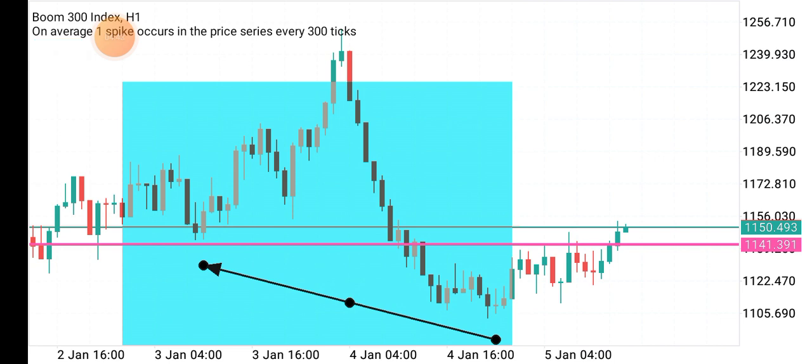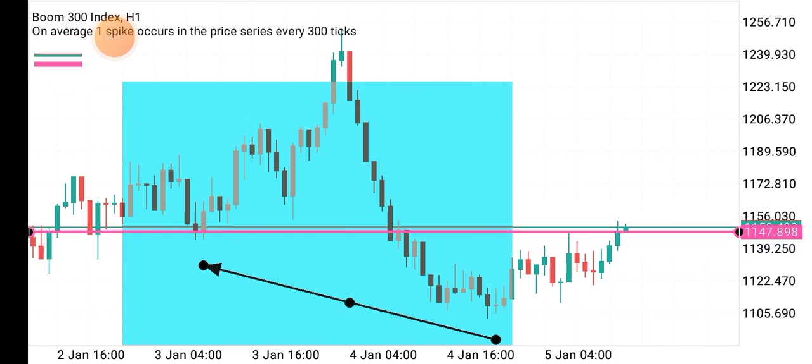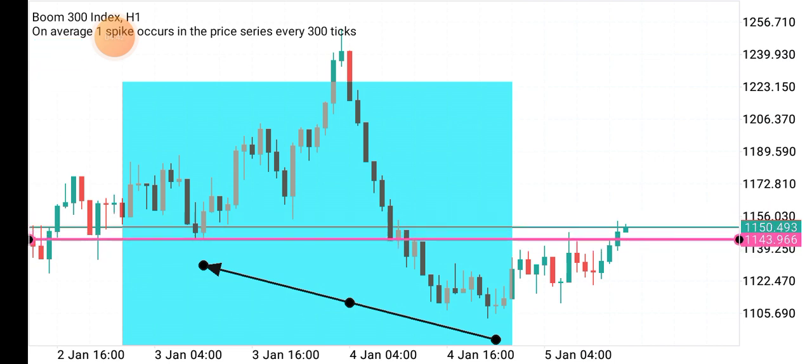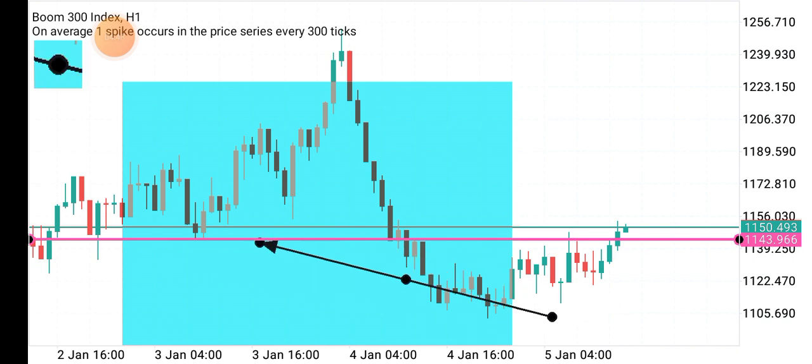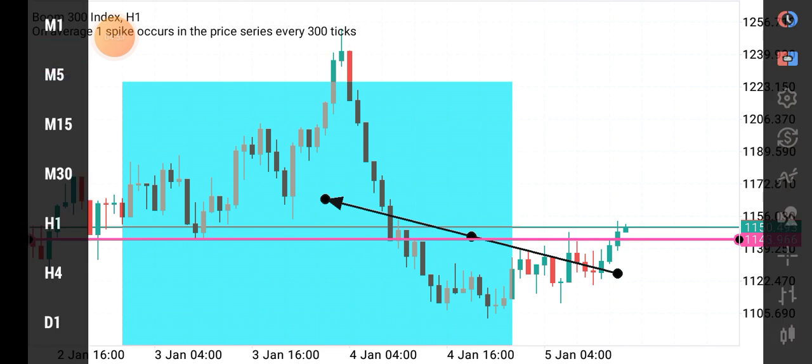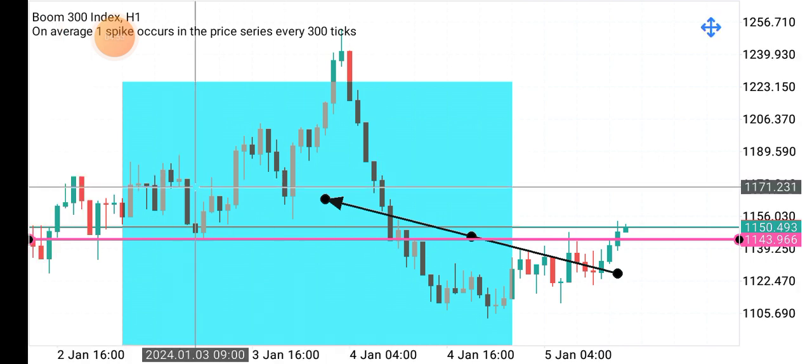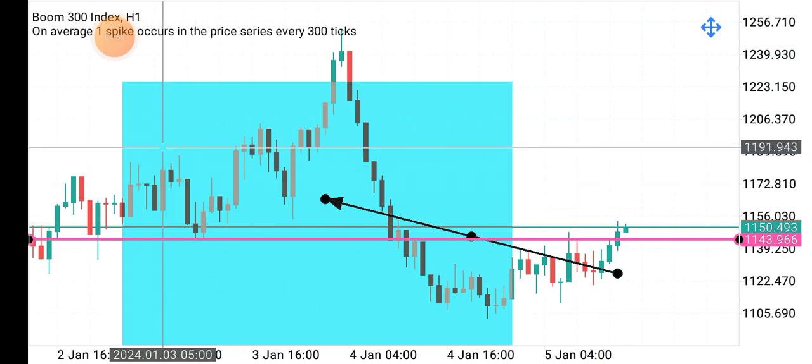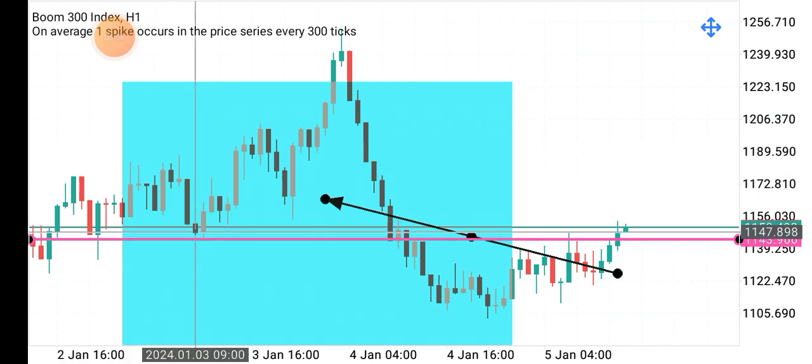We didn't put it properly. This is the wick. How do I know that? If you go here, you will see this is the 3rd of January. Price went up, then came down. This is the least price it went to.